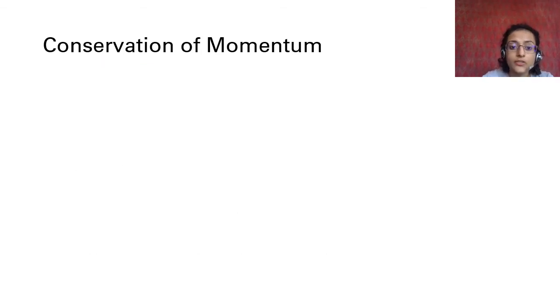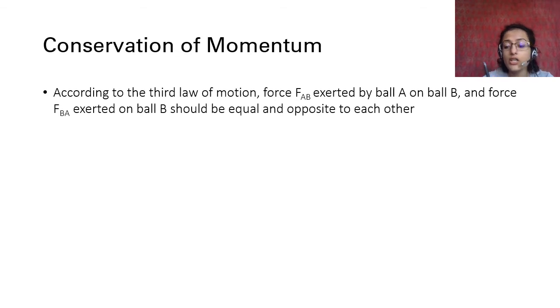Now, according to the third law of motion, force FA exerted on ball A by ball B, and force BA exerted on ball B, should be equal and opposite, right?